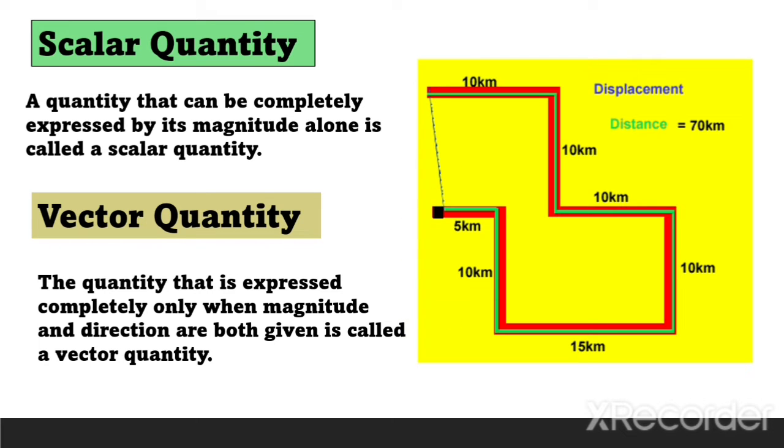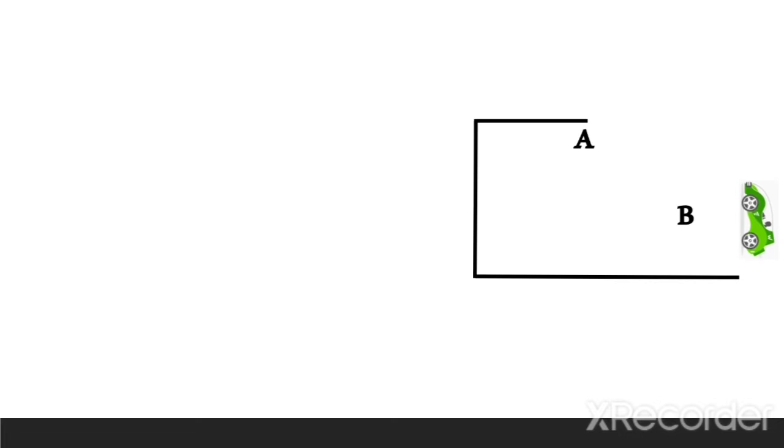Let's take one simple example to understand displacement and distance. Here we have a car, and this car is covering a certain distance. The starting point of the car is point A, and the car covered distance till point B. Initially the car is at point A and finally the car is at point B. The distance covered by this car is represented with this highlighted pathway.